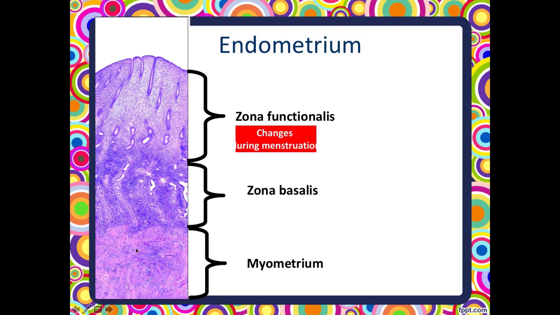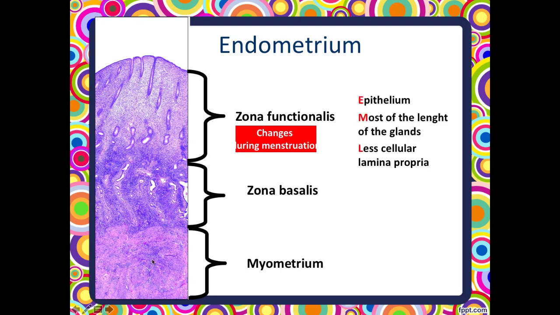This is myometrium, so these are the smooth muscle cells. The functional layer contains necks and bodies of the glands, and the basal layer contains the depths of the uterine glands.